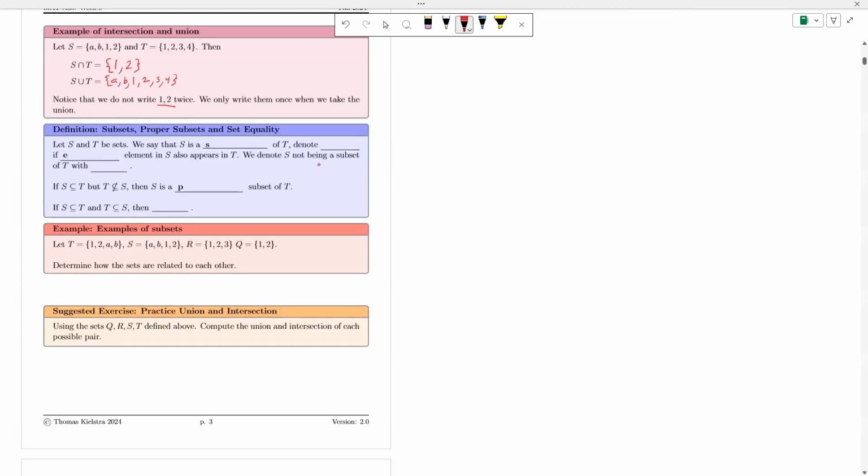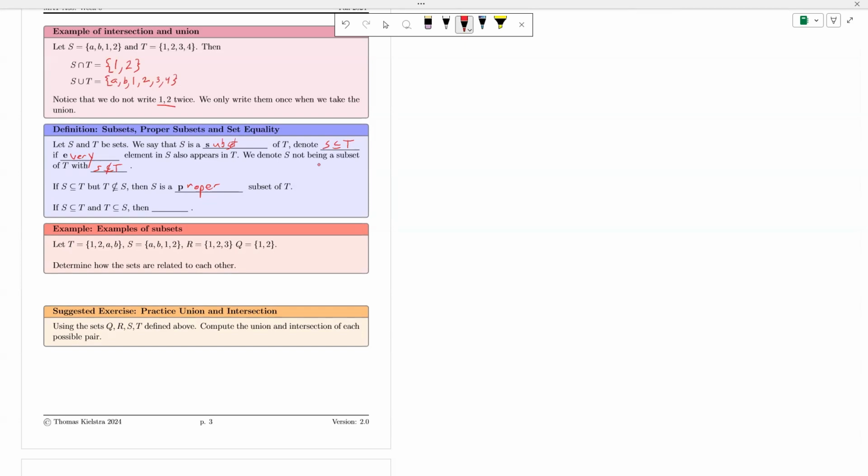We say that S is a subset of T, denoted S subset T, if every element in S also appears in T. We denote S not being a subset of T with S is not a subset of T. Now, if S is a subset of T, but T is not a subset of S, then S is a proper subset of T. And this allows us to define a proper subset.